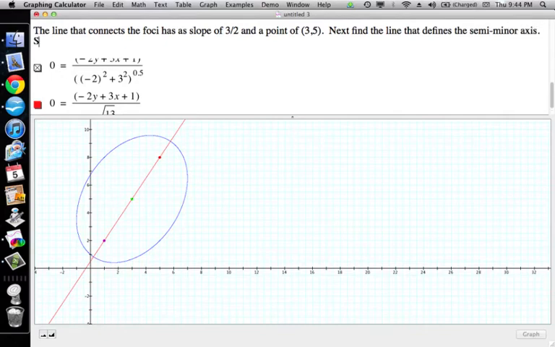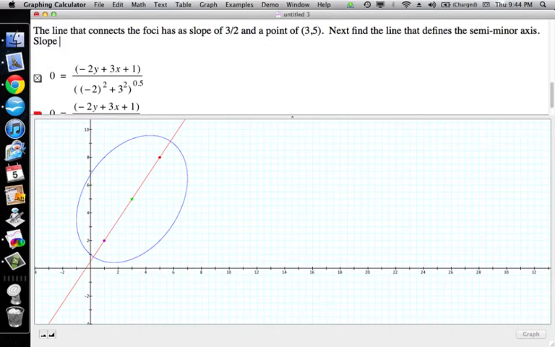The slope is going to be equal to the negative reciprocal of 3/2, so negative 2/3, at a point of (3, 5), because it's going to go through that same point.